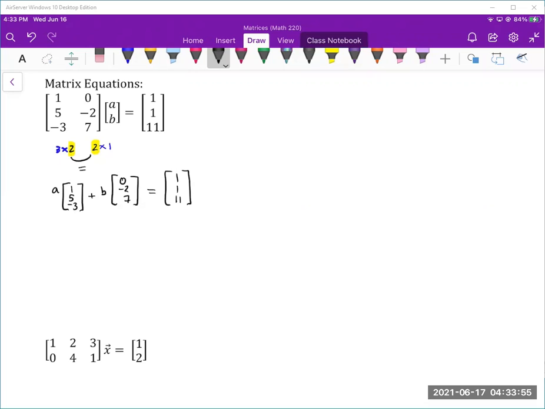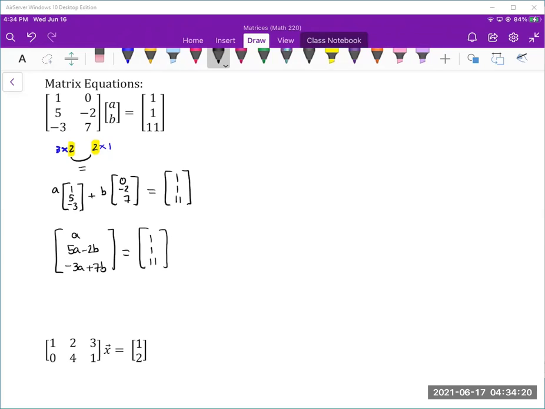This gives us that A, 5A minus 2B, negative 3A plus 7B is supposed to be equal to 1, 1, 11. So we have 3 equations. A is 1, 5A minus 2B is 1, negative 3A plus 7B is 11.